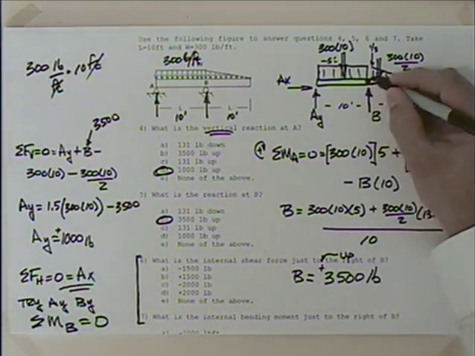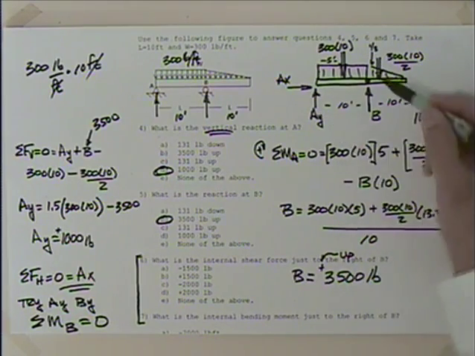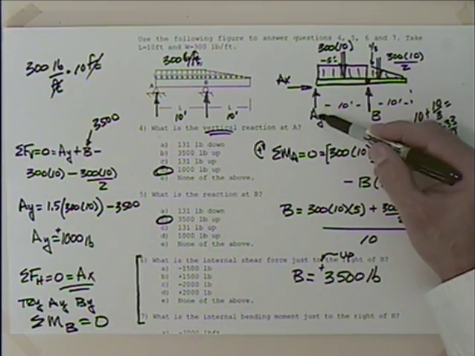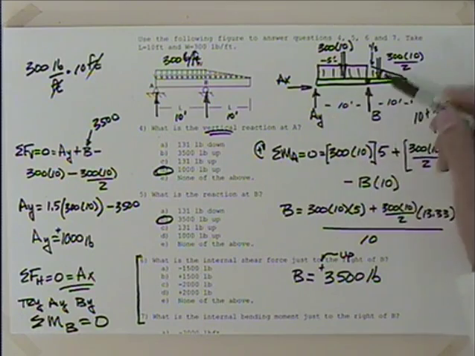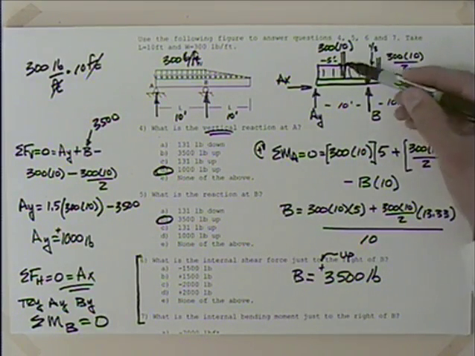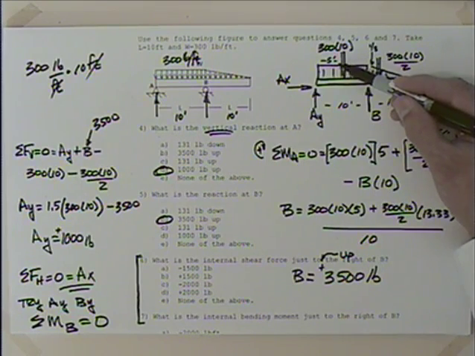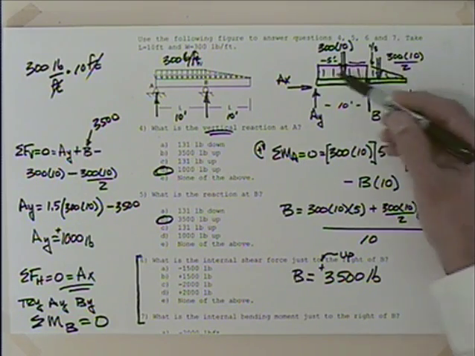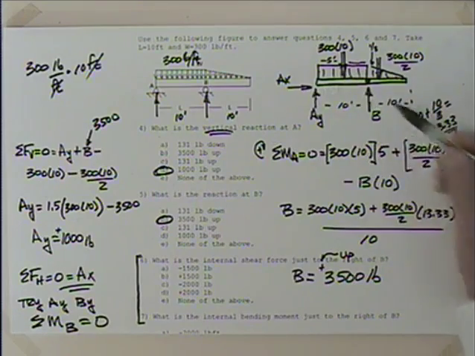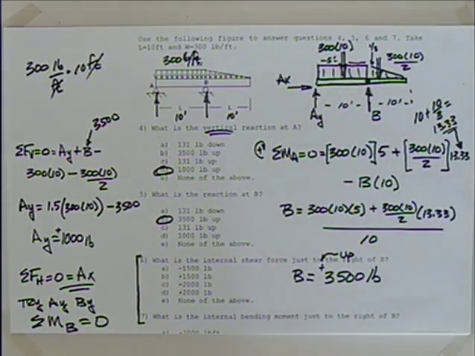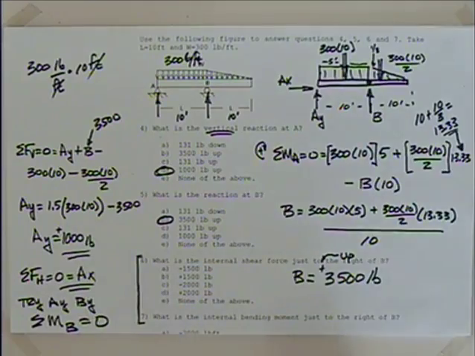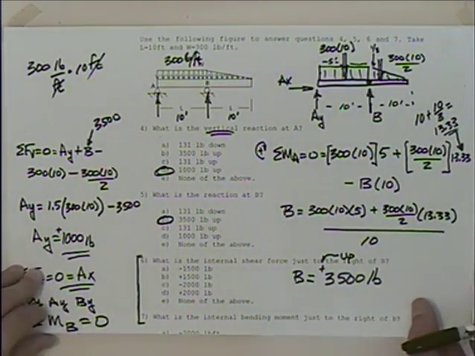Because if I sum the moments about B, the only unknown that I have in the equation would be AY. I'd have this force times that distance. Then I'd have to subtract off this force times this distance. And then I would have AY times that distance of 10. So I'd be able to solve for AY there, and it should be that answer. So you can go through that and check that on your own if you wish.